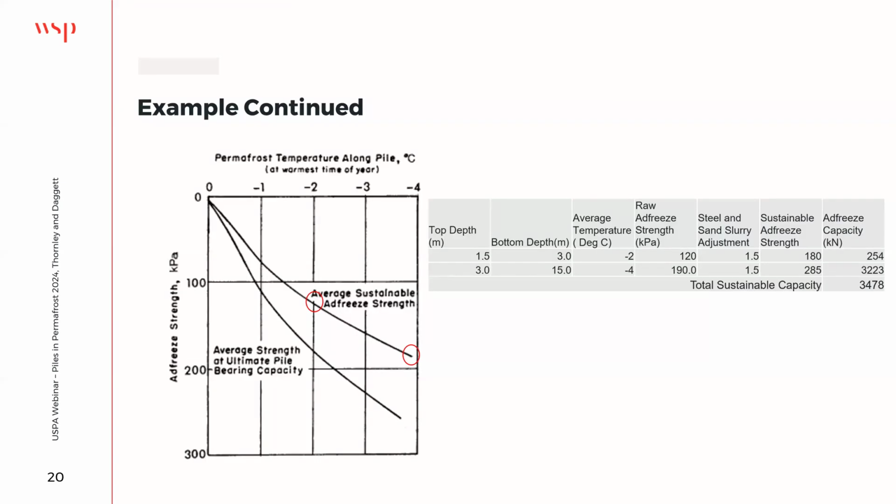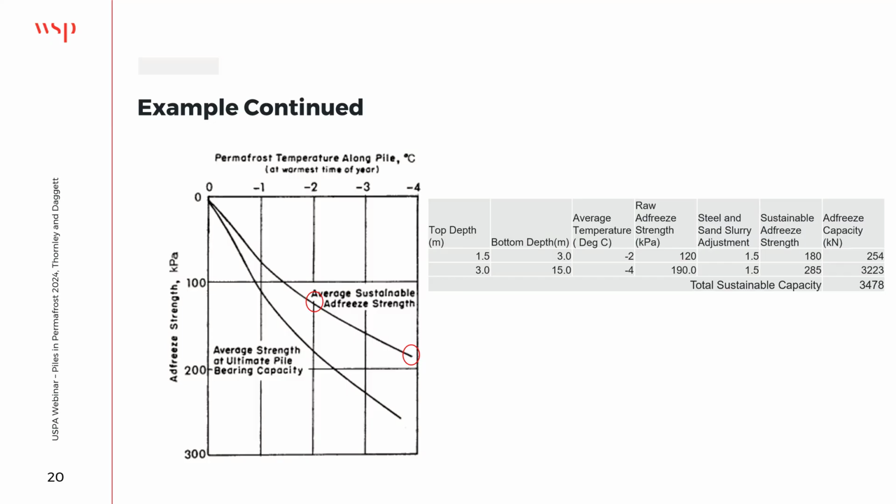So if we're going to come up with a strength for our pile capacity, we can break our graph into a couple of different things. If we look at the upper 10 feet, or 3 meters, we're going to get an average temperature somewhere around -2 degrees C. And then we start this at 5 feet or 1.5 meters to discount the active layer that we may have for the site.